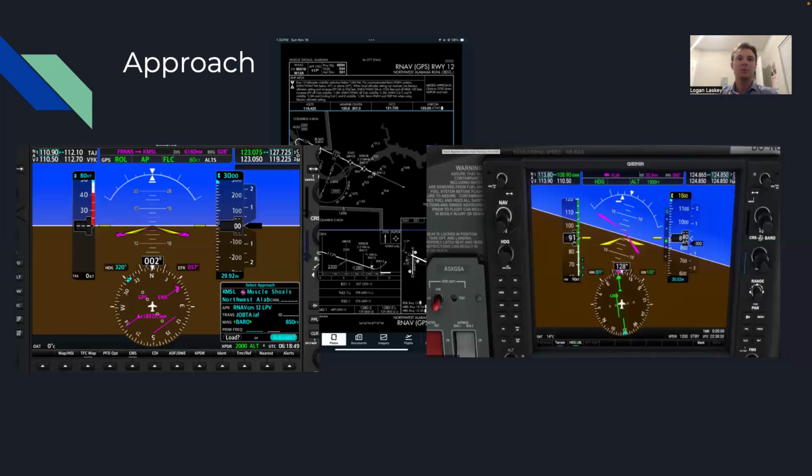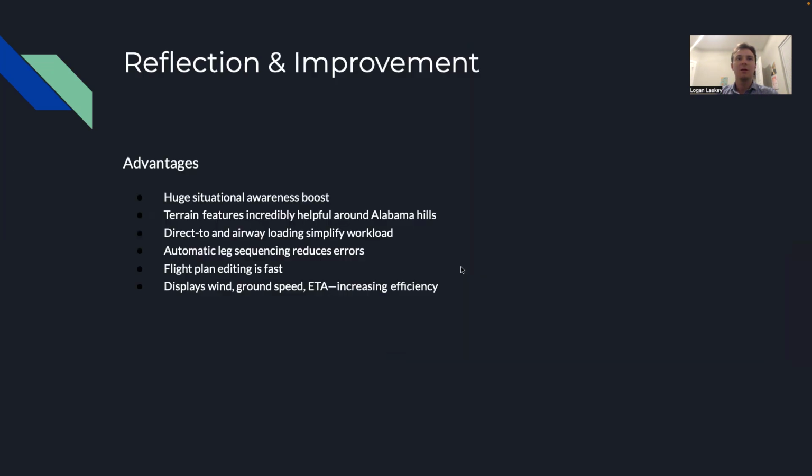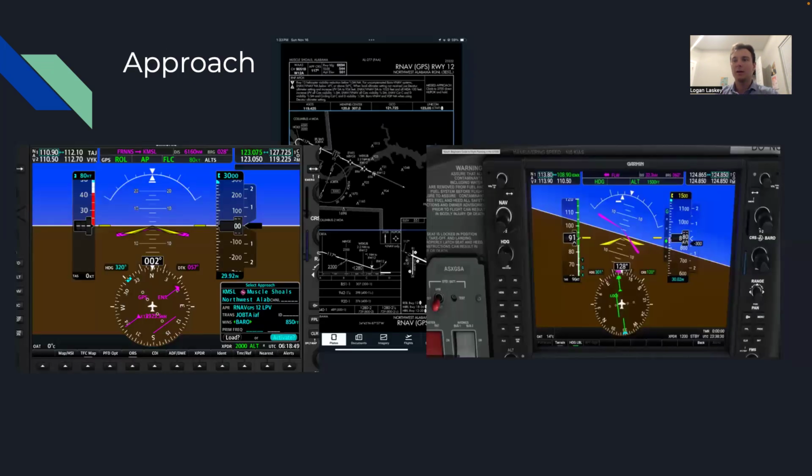Then we'll also talk about a hold and how to suspend a hold and stay in it. Let's say we're flying to that initial approach fix, and they say, hey, stay in the holding pattern. Maybe if we made a procedure turn, we're already in the holding pattern, so we can just hit suspend, and that will keep us there in the hold until we want to depart the hold and continue.